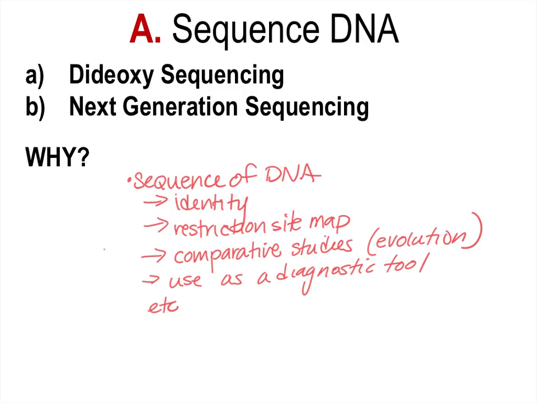Or maybe you're doing comparative studies, you're looking at sequences of different species and you want to compare how similar or different they are for evolutionary studies. Or maybe you are doing a diagnostic test, so you're trying to determine if somebody has a particular mutation, for example, and so you need to know the sequence of the DNA. But of course, there are many other applications.